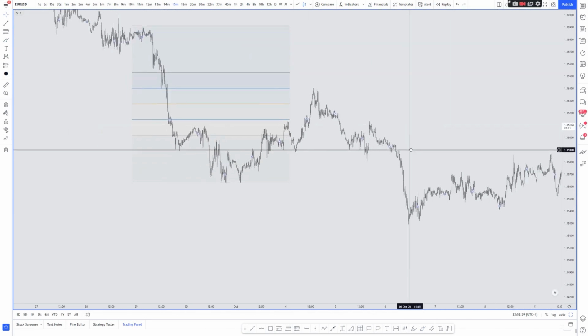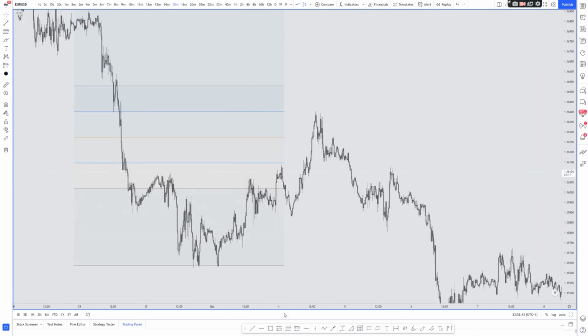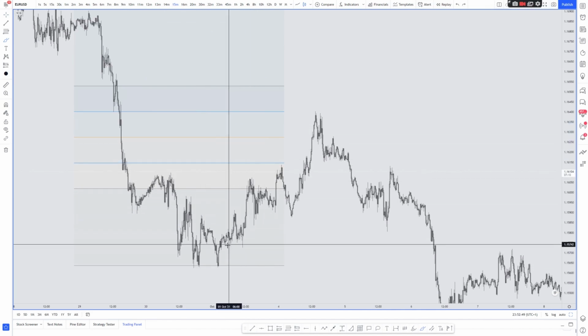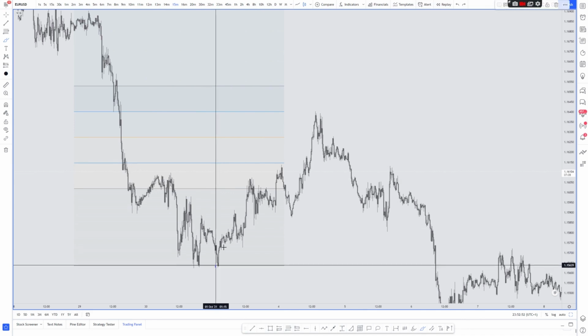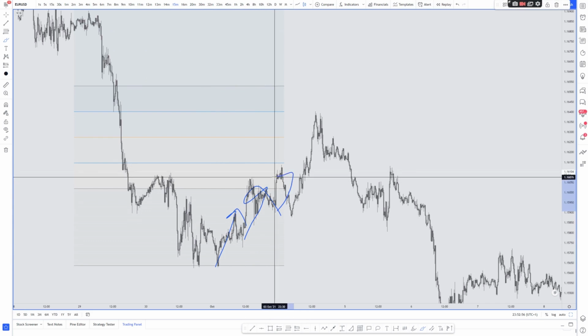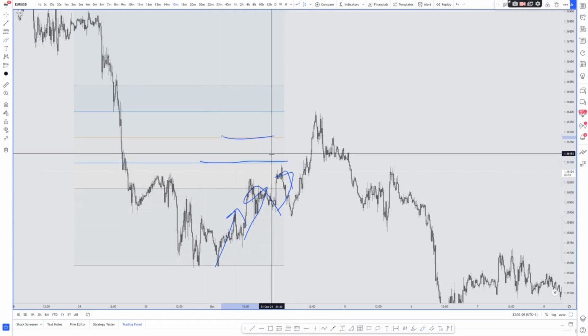one other way of using the fib is where can I safely play this pullback to? Well, more often than not, they are going to tap the equilibrium, or at least the relative equilibrium. So you know that when price starts going up, you can safely take buys to at least this point, maybe even 50%.